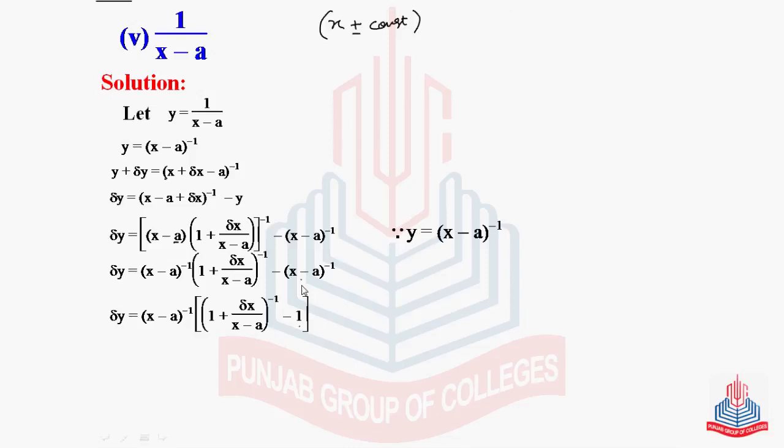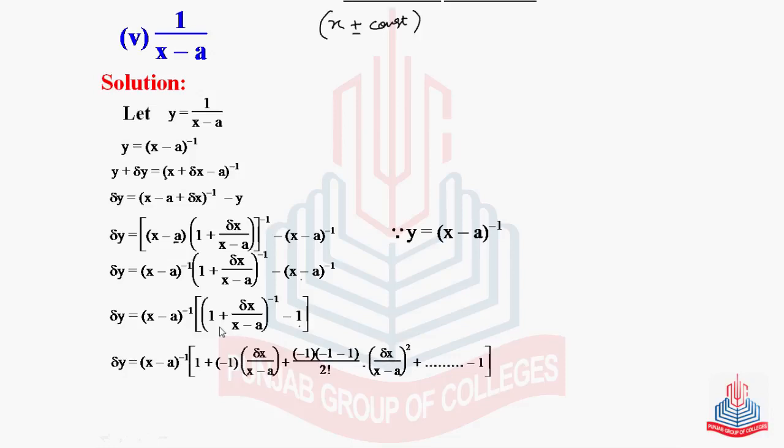Now we apply the binomial series here, 1 plus delta x over x minus a, as this is a power with a negative integer, and we already discussed in our previous parts that if this is a negative integer or a fraction, then we will open this as a binomial series, which is an infinite series.